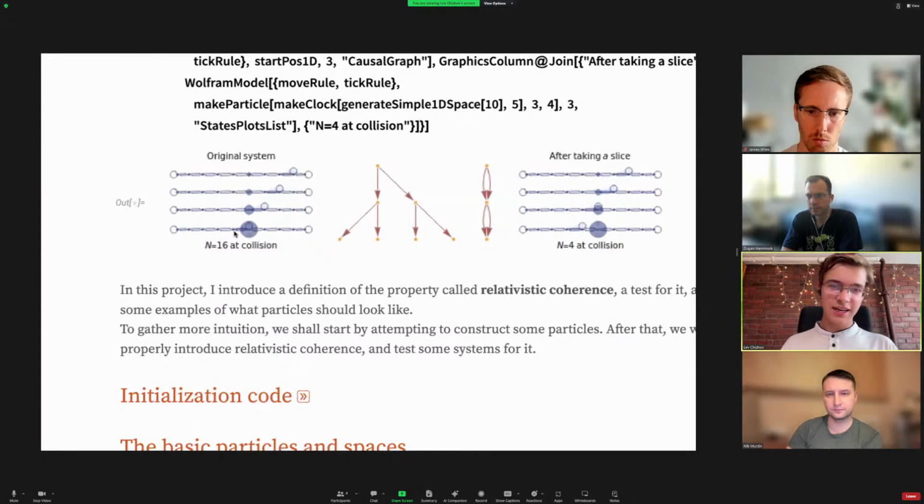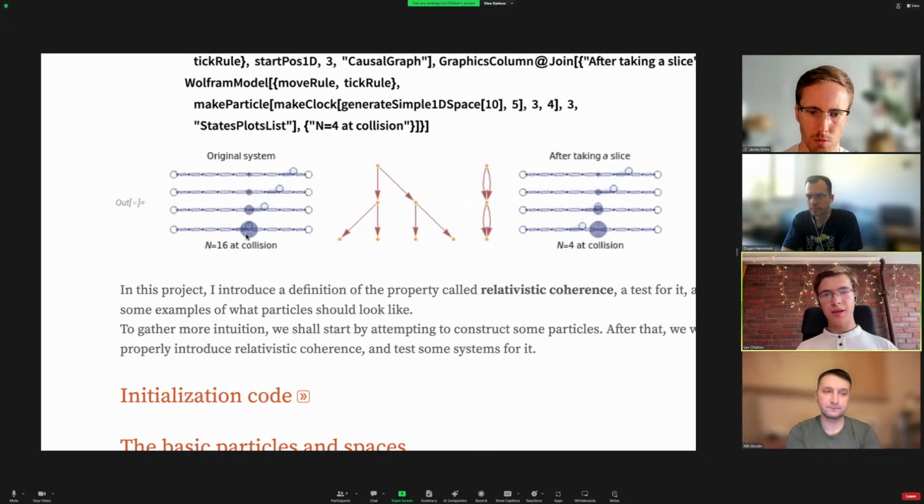So all of this is to say that here, when the particle finally collides with the clock, there cannot be any ambiguity as to what is the number of rings around the clock, which represent the time at the moment of collision.